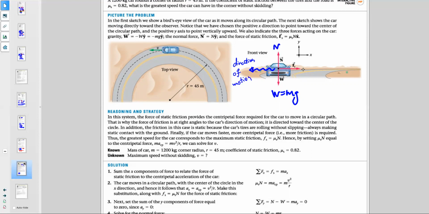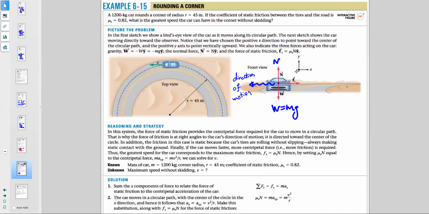But then we have F of S, static friction, preventing this from happening. The maximum speed happens at the point that it is about to slide, but it's not yet. So it's maximum static friction.